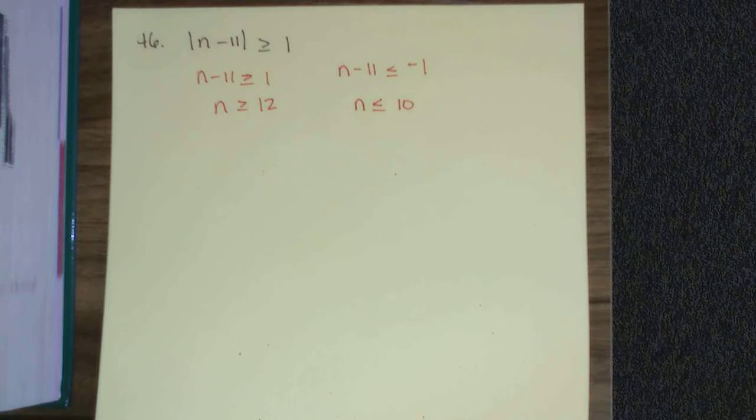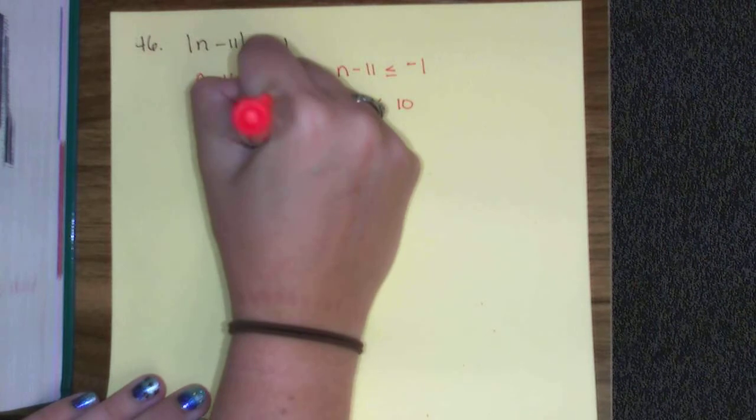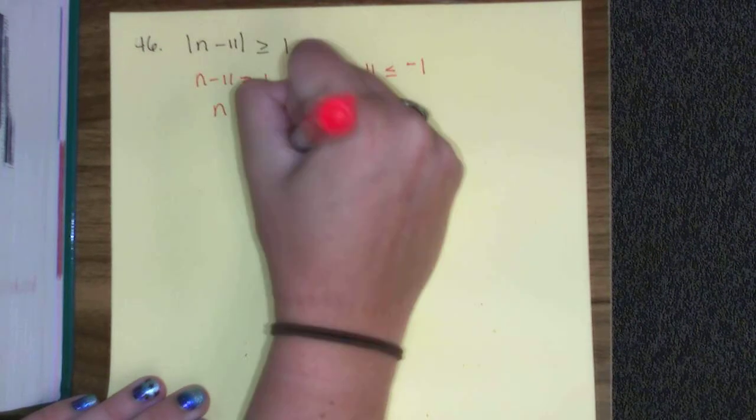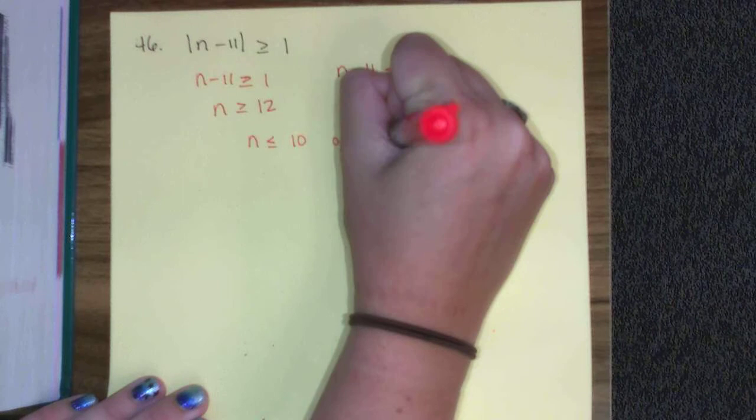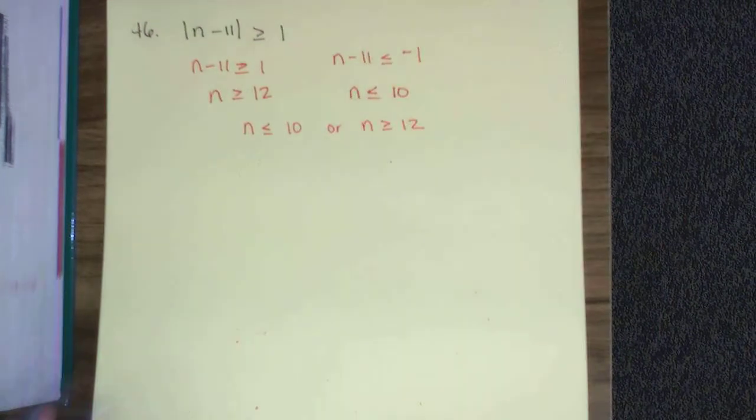Yep, they're going opposite directions, so it's an or. So we would need to write n is less than or equal to 10, or n is greater than or equal to 12. Okay, so anything between doesn't work. Like 11 doesn't work, so that's why we have to write them separately.